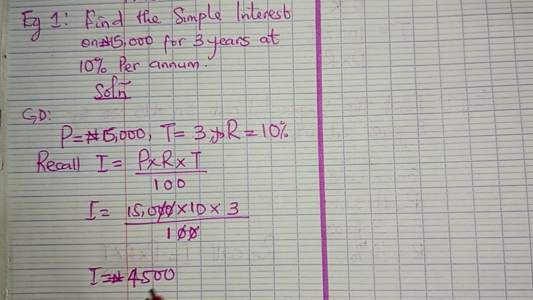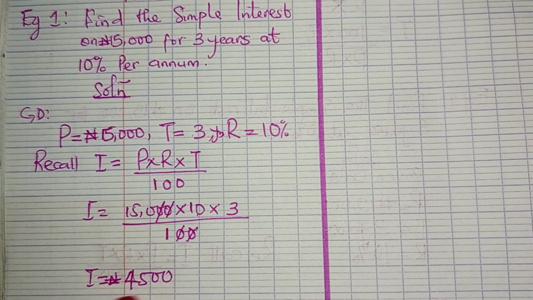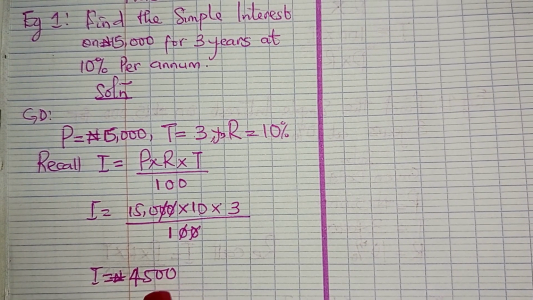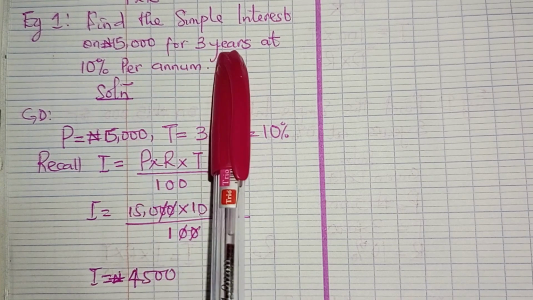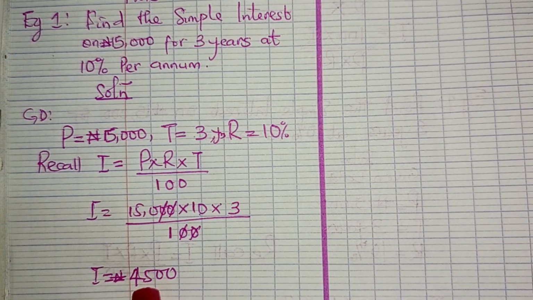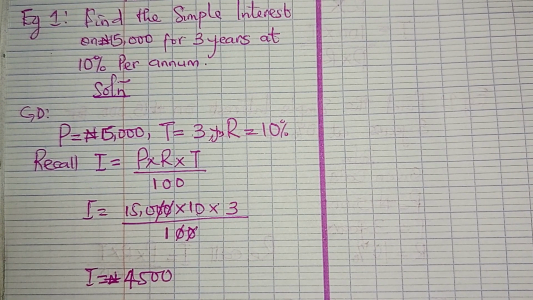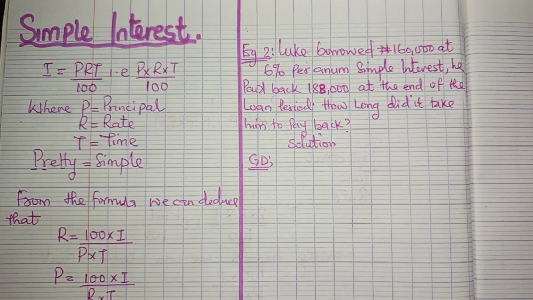So it means that the interest that will be paid for a principal of 15,000 naira for 3 years is 4,500 naira.